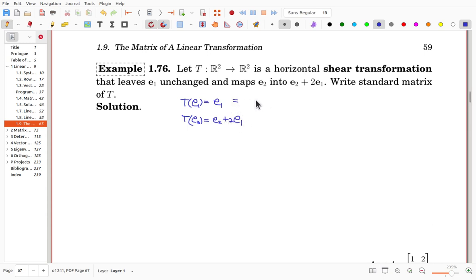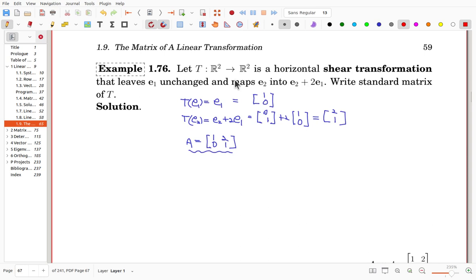Let's write this down as a vector. T E1 is (1, 0). And T E2 is (0, 1) plus twice (1, 0), which is the same as (2, 1). So the standard matrix is the collection of these two vectors: T E1 is (1, 0) and T E2 is (2, 1). So that is the standard matrix.